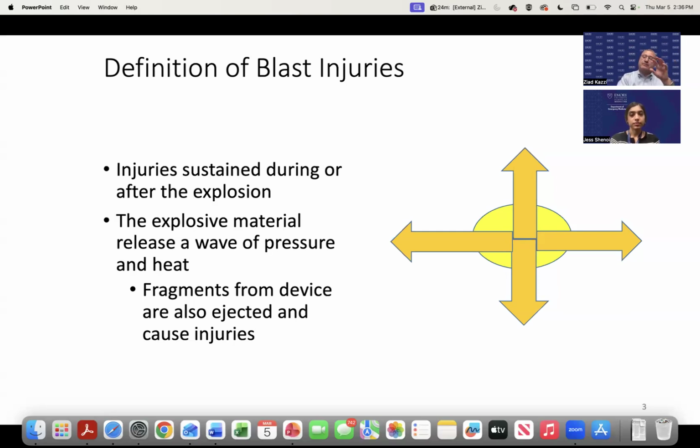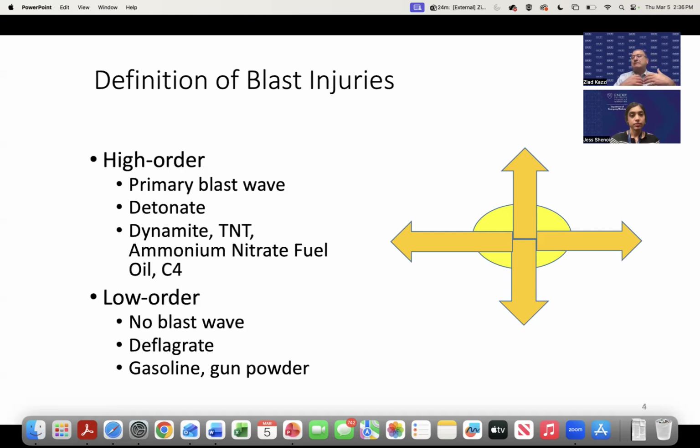But before we get to that point, I want to draw a comparison between two different classes of explosives, two different classes of chemicals that can explode and release a pressure wave with different speeds. We call those high order explosives versus low order explosives.